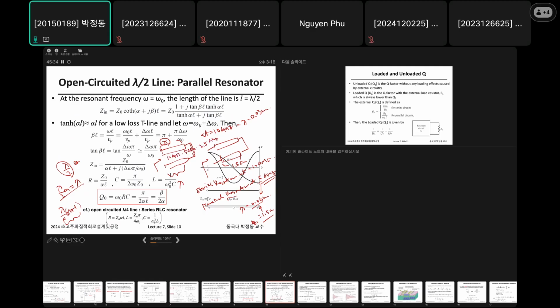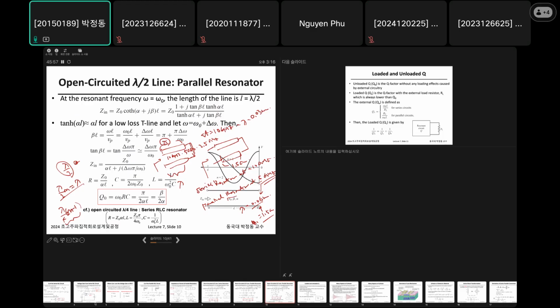Parallel resonant. Understand? 이해했냐? 어? 그래서 이걸 만들 때 있잖아. Therefore, when you design any series or parallel resonator, you also need to consider the harmonics as well.